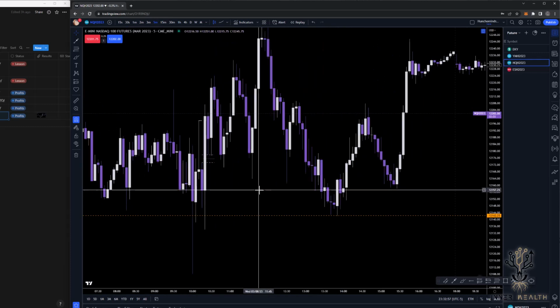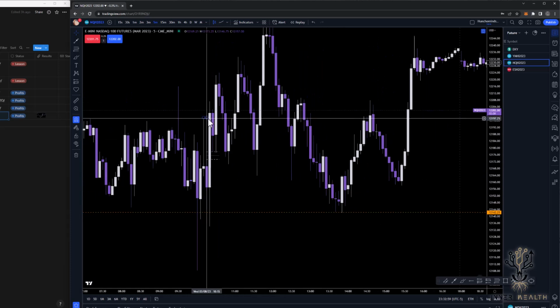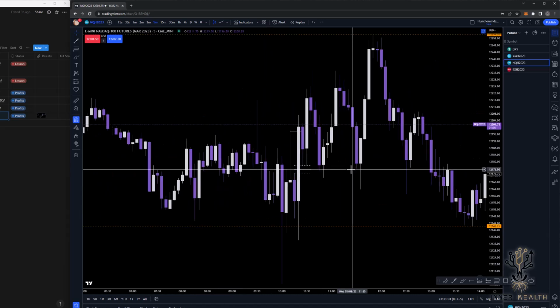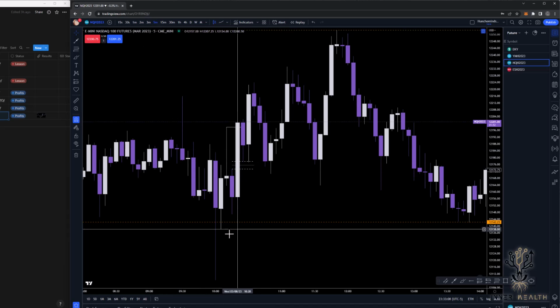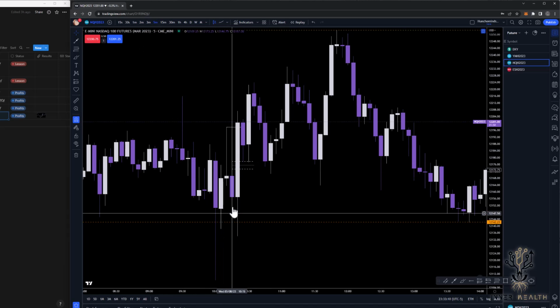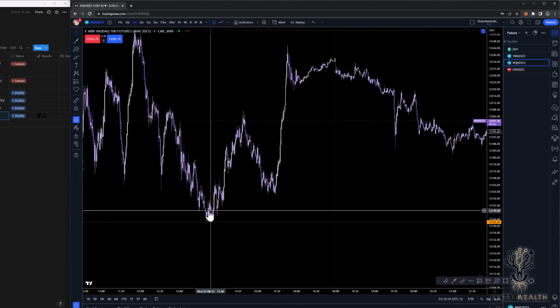What gave it to me was the sweep of this high right here, and then the creation of that imbalance. Those three, the support, imbalance, and sweep of the high, created this opportunity.